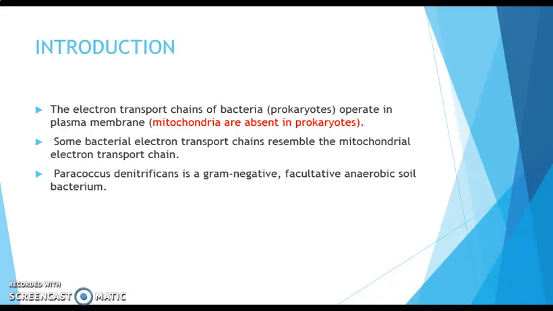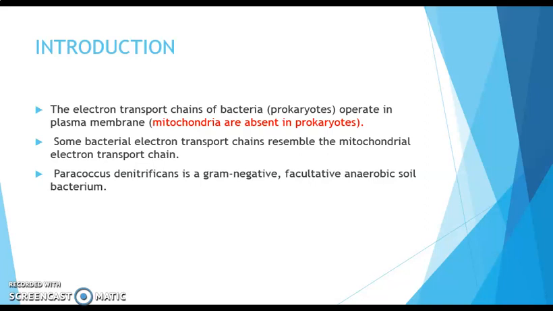The electron transport chains of bacteria operate in the plasma membrane, because normally it operates in mitochondria in eukaryotes, but in prokaryotes the mitochondria organelle is absent, so they operate in the plasma membrane.